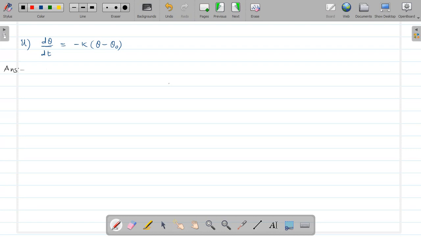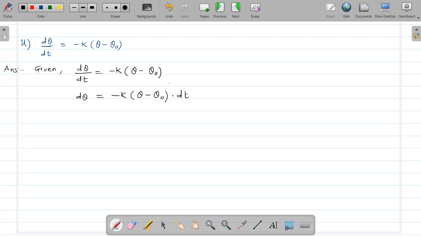So let us take the given differential equation, d theta by dt is equal to minus k into bracket theta minus theta 0. Now transfer this dt to the right hand side. So we get d theta is equal to minus k into theta minus theta 0 into dt.